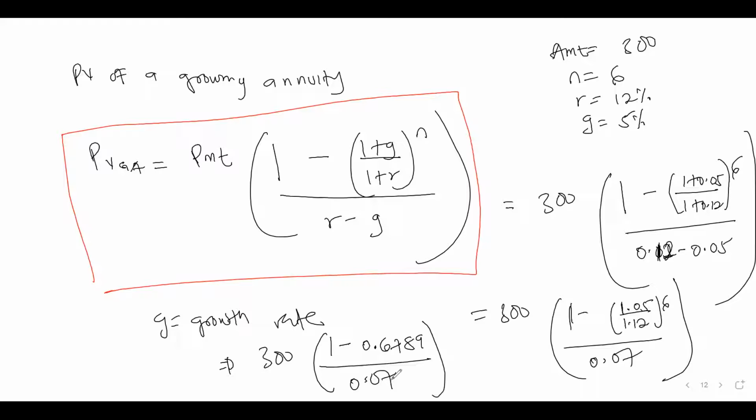So 1 minus 0.6789, divided by 0.07. So everything in the bracket here has 4.5871.